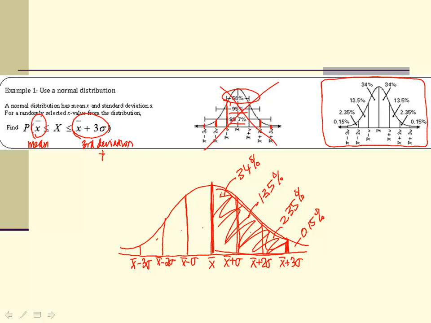So I want to know what's the percent that all of this occurs. Well, which percentages then do I add up? Well, I add up the 34, the 13.5, and the 2.35. And so if I add that up, 34 plus 13.5 plus 2.35, what I end up getting is 49.85%.